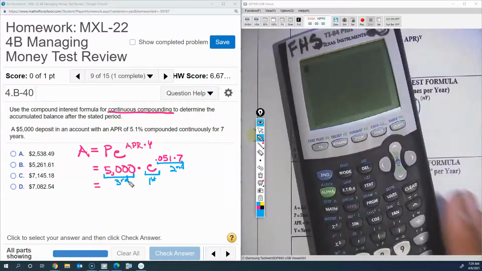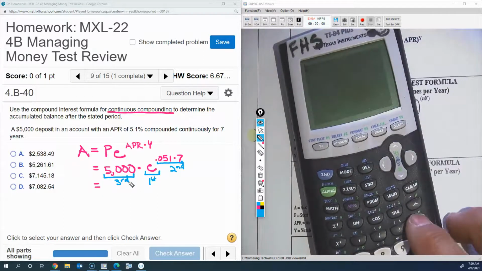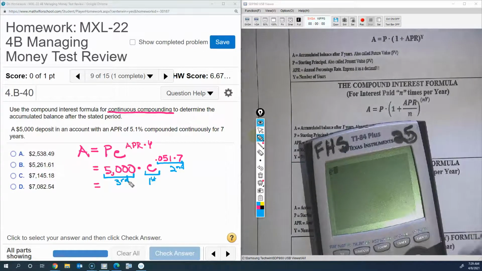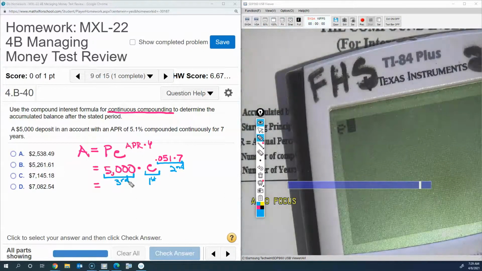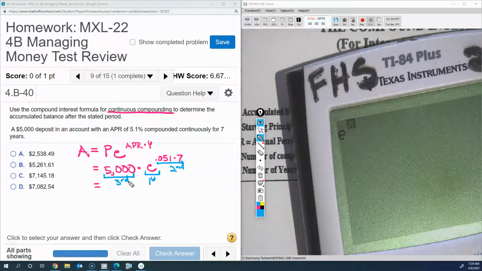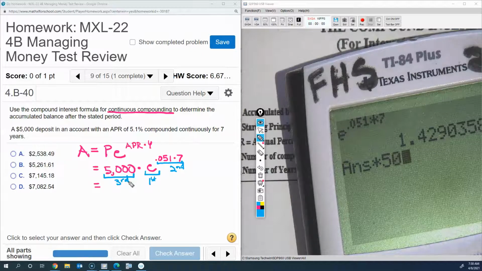Okay, so E is right above the division key. So I go second, divide, and then a little E shows up. Exponent. Times 7 times 5/3. 5,000.